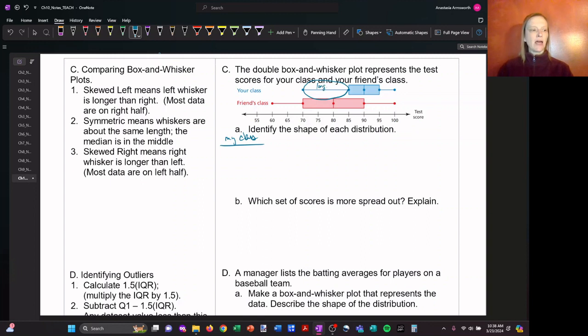Because my left whisker is long, this means my class's data is skewed left. Most of the data in my class is on more the right side of the graph.